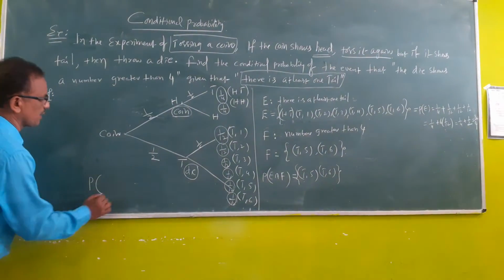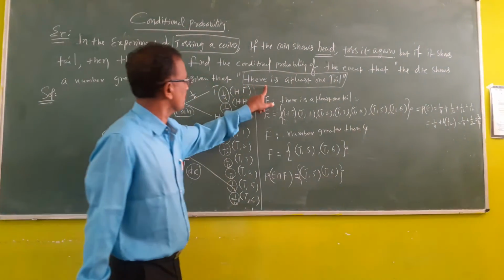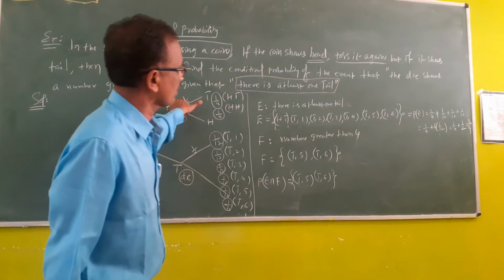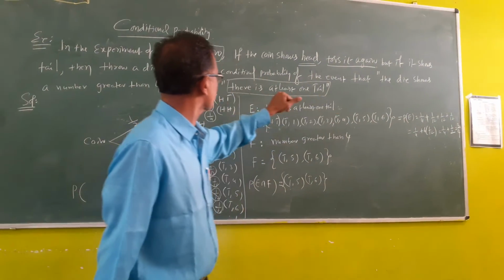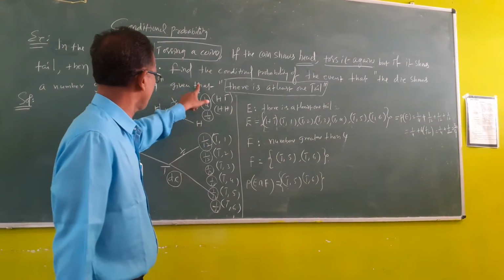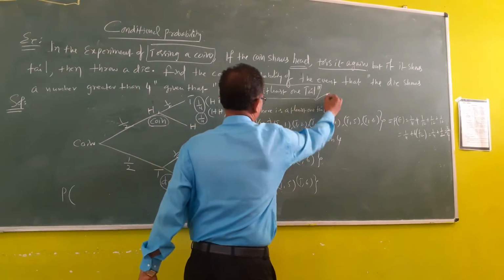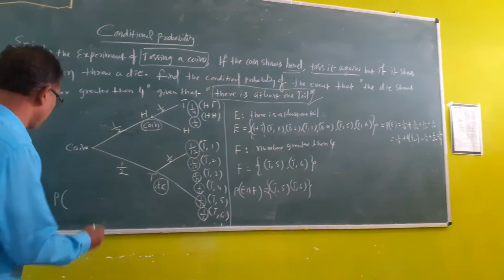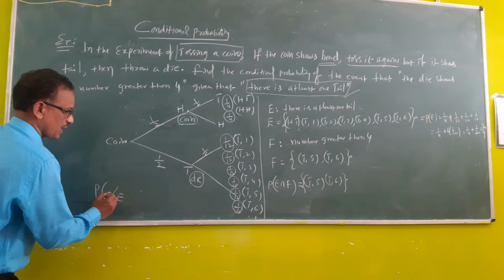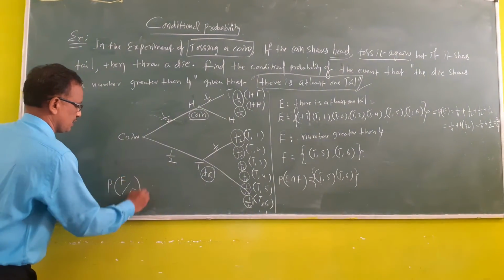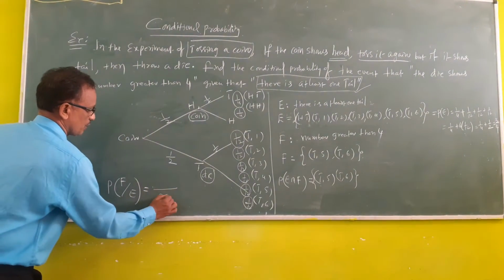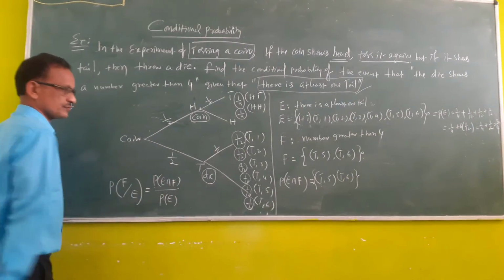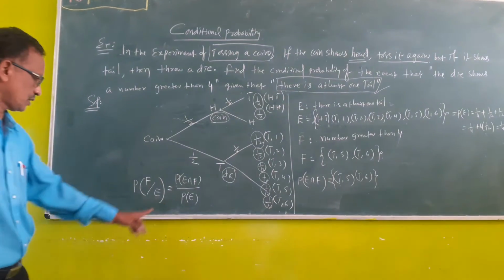See what we require: after this event, a number greater than 4 on the die. This is conditional probability, given that the first event has happened. So there is one tail, which is E. After the happening of this event, we have to find this. So probability of E, probability of intersection.